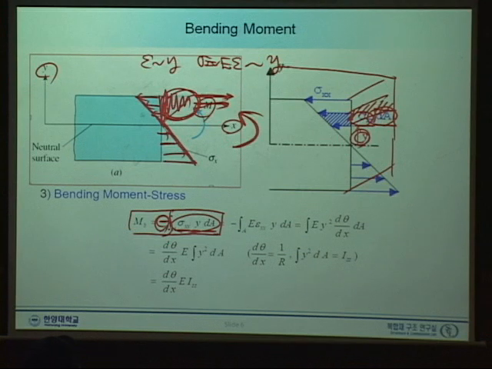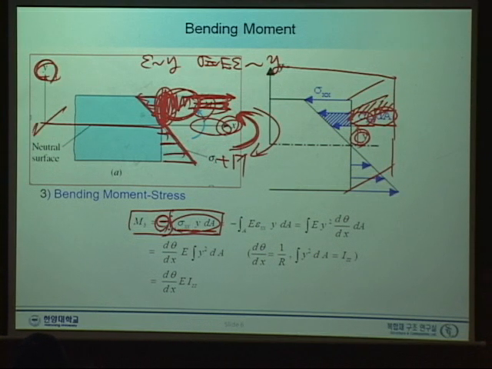Again, in the positive y and positive x portion, positive stress should be this way, and this stress would cause this moment. But we define this as the positive moment. Why is that? Because x, y, and z should be this way.